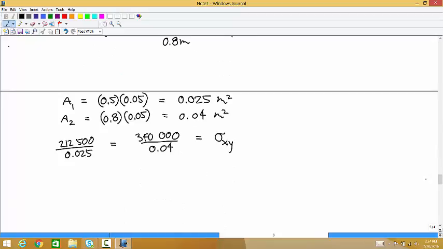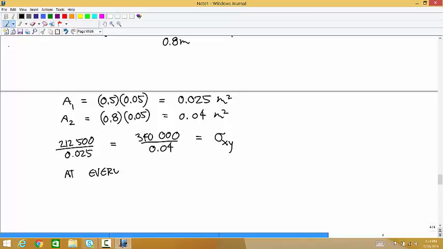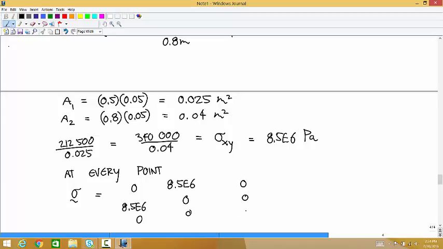It just means that every point inside that stress element, every point inside that body, has the same stress tensor. What's this value? Can you divide that out for me? 8.5 e to the 6. So the stress tensor is 0, 8.5 times 10 to the 6, 0, 8.5 times 10 to the 6, 0, 0, 0, 0, 0.